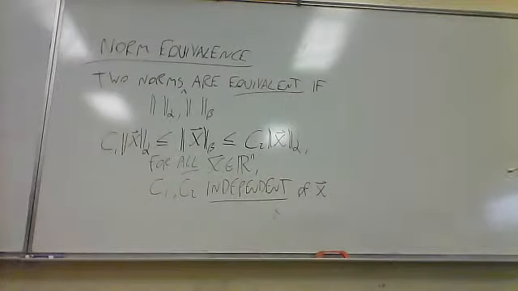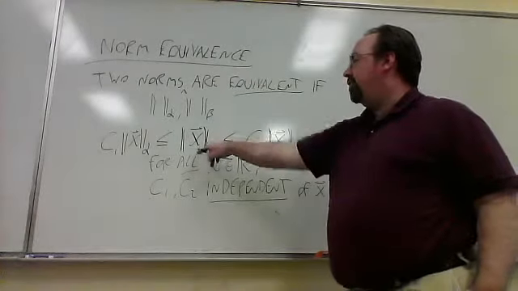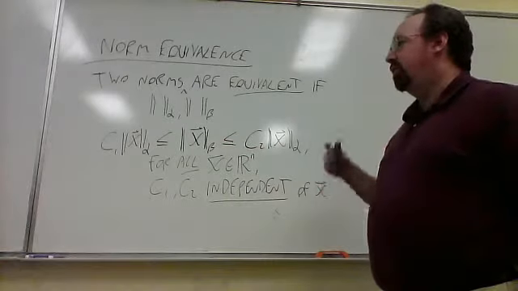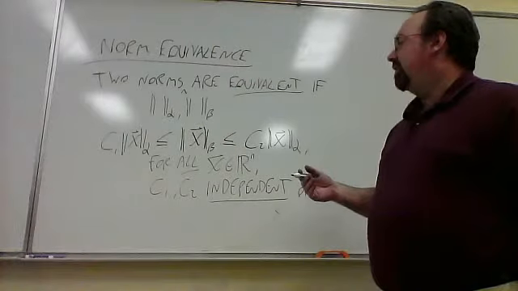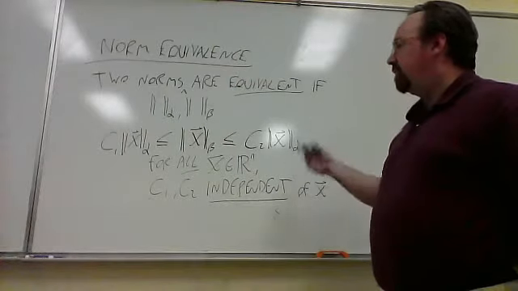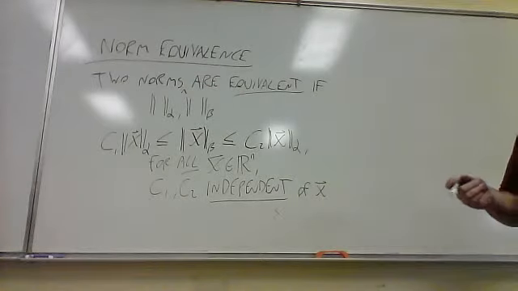All right, so what that means is, suppose you have a sequence of vectors and the beta norm of these vectors is going to 0. Then it must be true that the alpha norm of those same vectors is also going to 0. There's just no way around it.